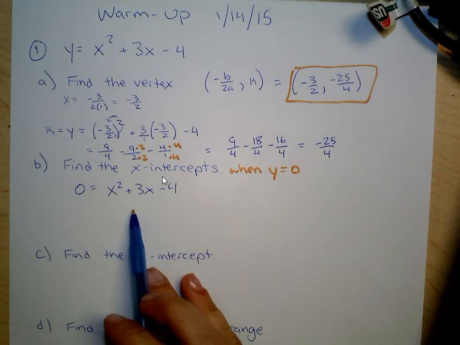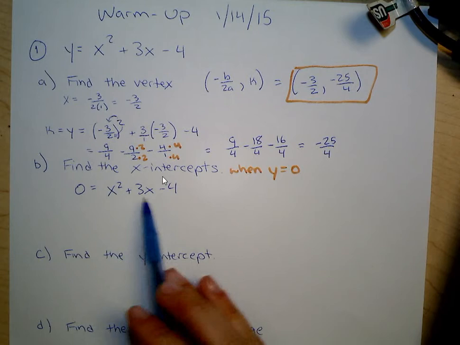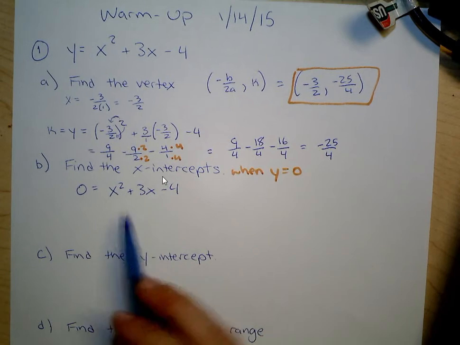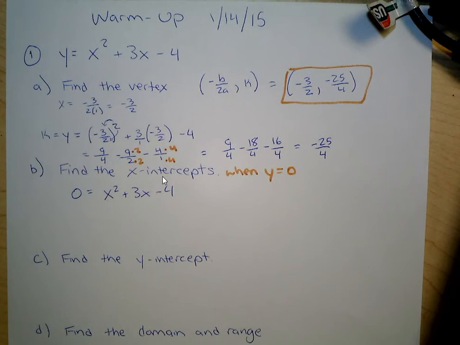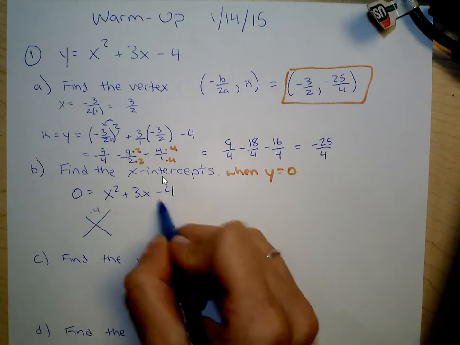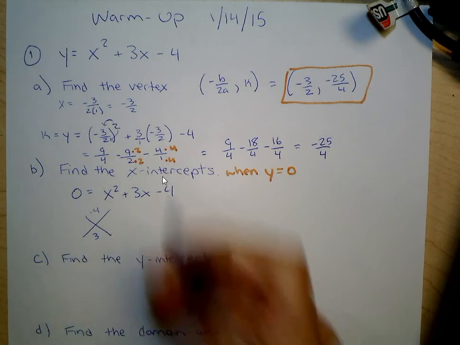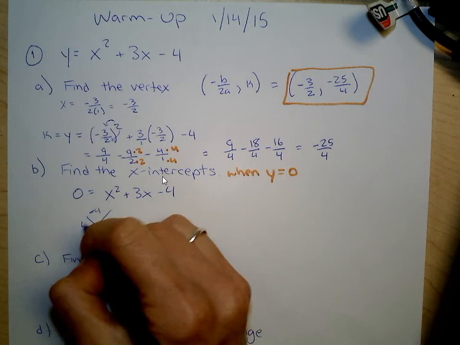One way is quadratic formula. The other way is factoring. And because there's no coefficient in front of this x squared, I'm going to factor. I think that might be a little bit easier for me. So factoring here, I have my negative 4 on top, my 3 on the bottom. A pair that multiplies to negative 4 and adds to 3 would be 4 and negative 1.